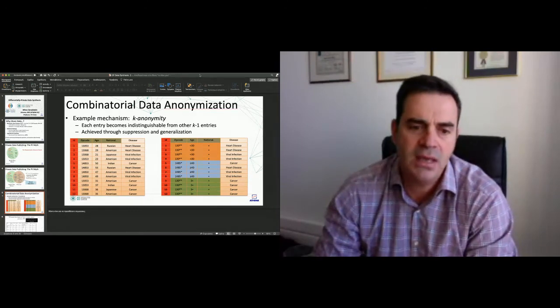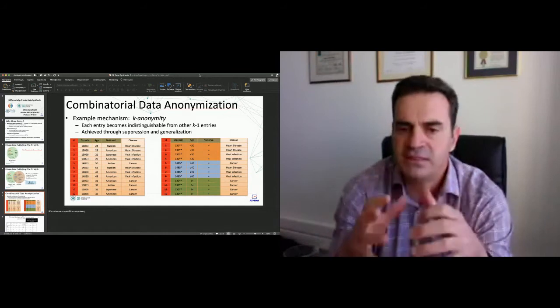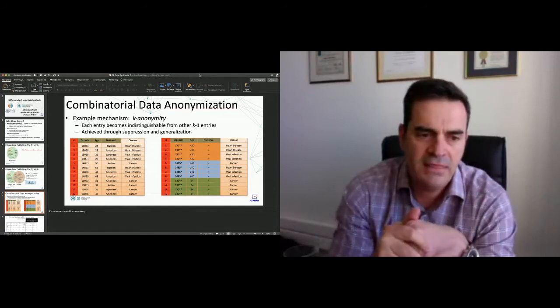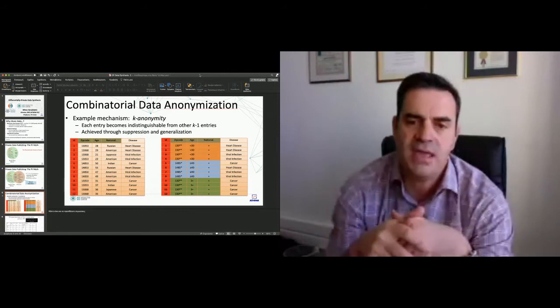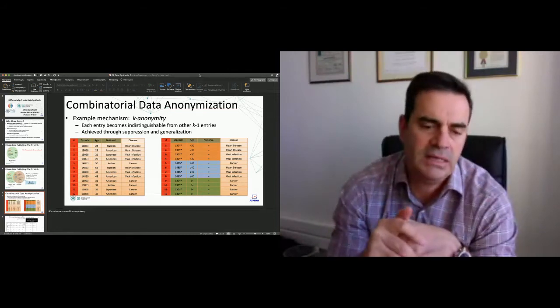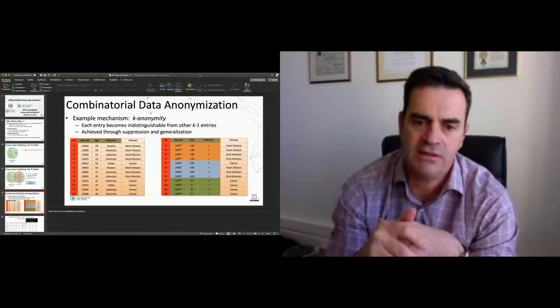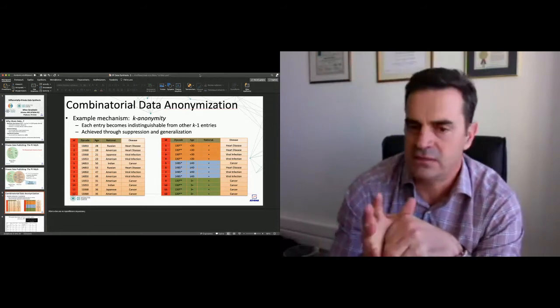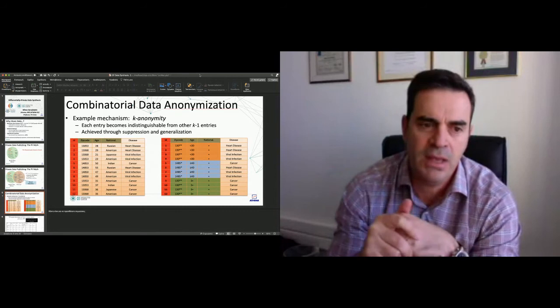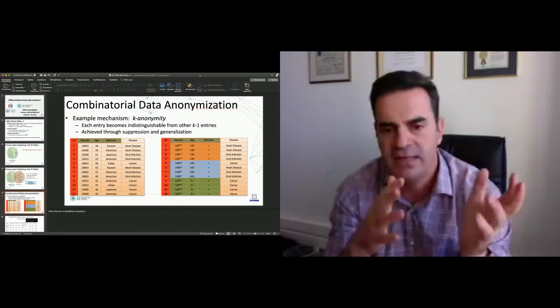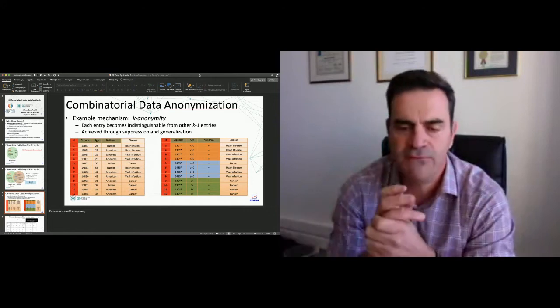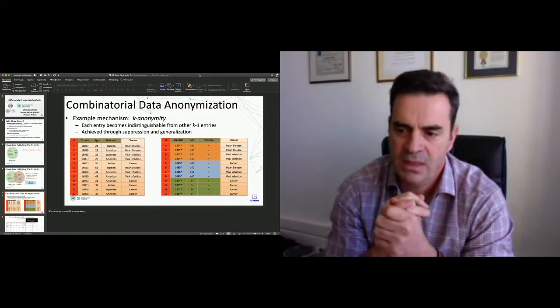So you have these buckets of k entries that look identical, and if you have a large enough k, then you cannot identify any single individual with a specific disease in this example, right? Here, on the left-hand side, you can see the original data set. On the right-hand side, you see a 4-anonymous version of the data set.